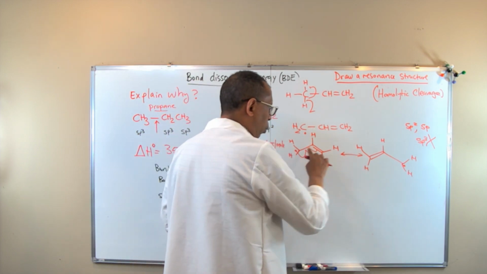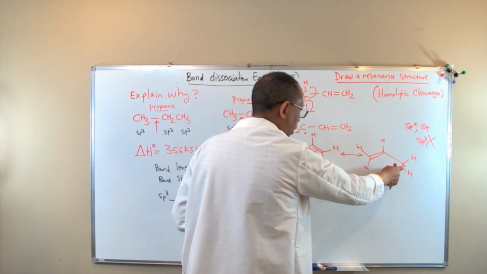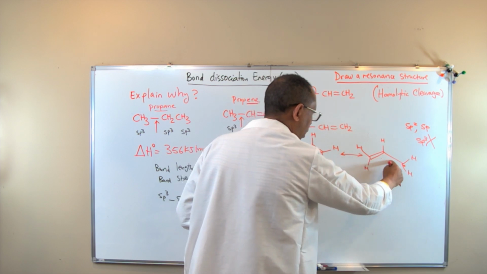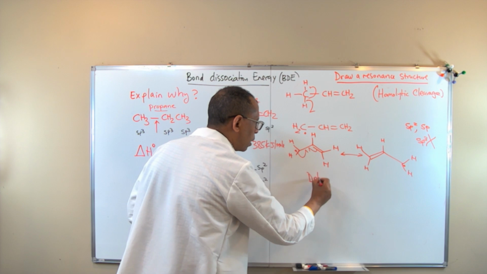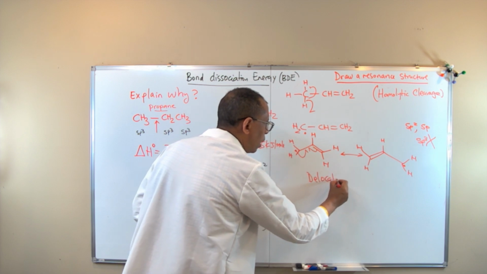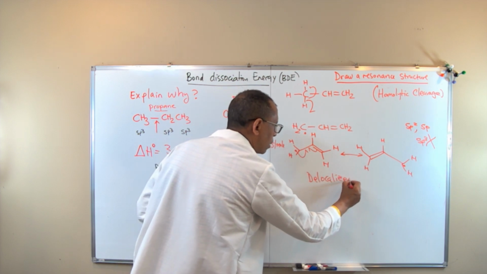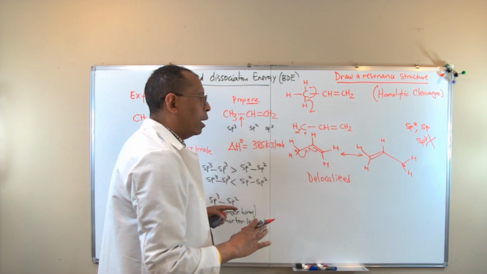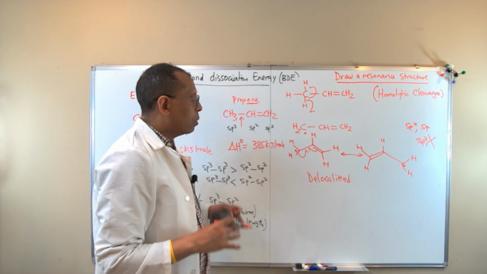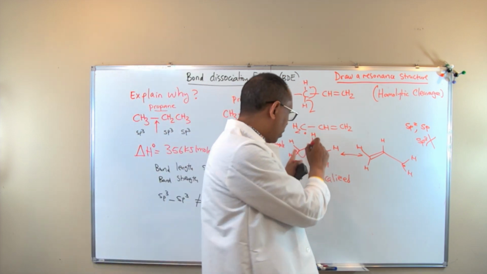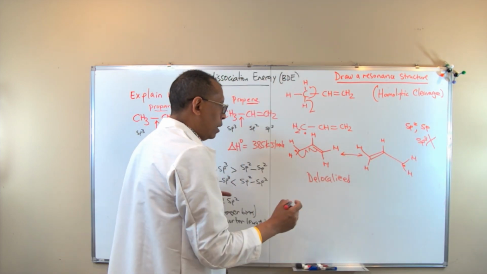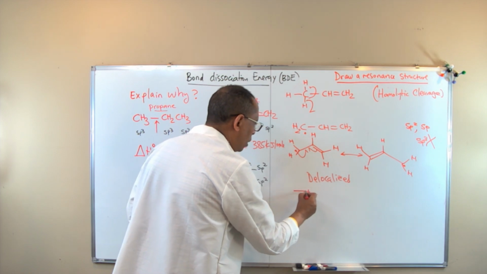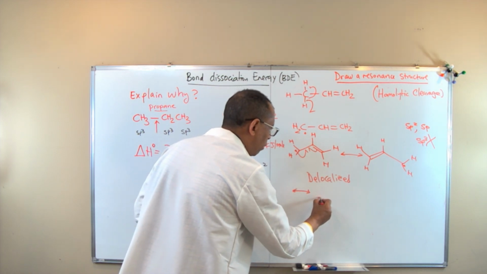So since this radical is moving here and there, it's being delocalized. Resonance structure stabilizes the structure by electron delocalization. So the electron is not localized on one carbon, it is delocalized. The delocalization is seen by this kind of symbol.